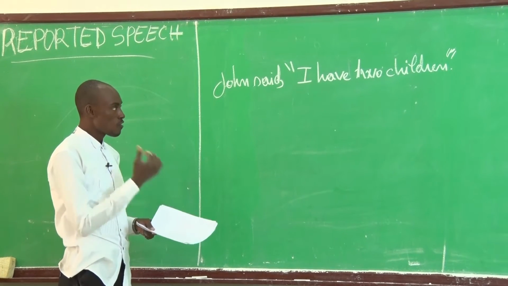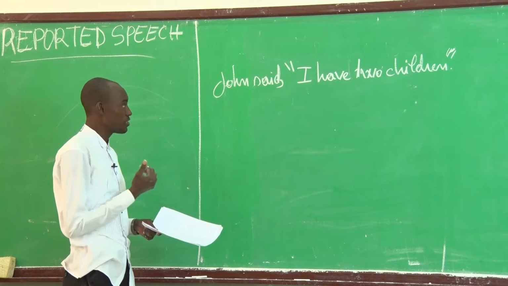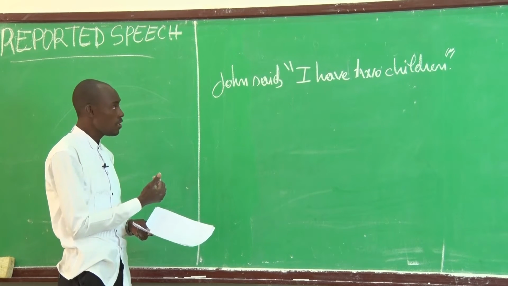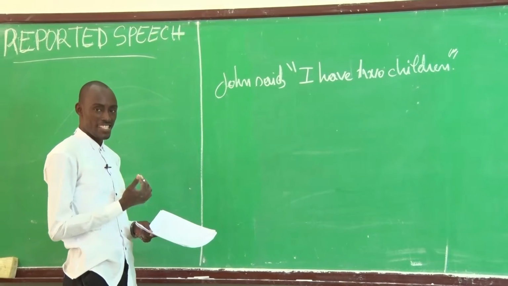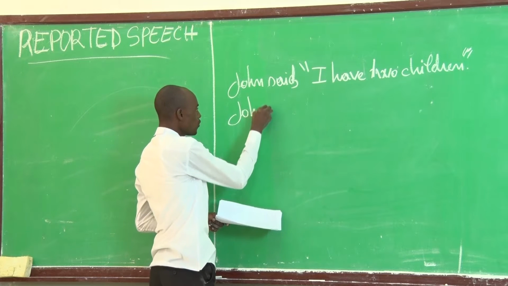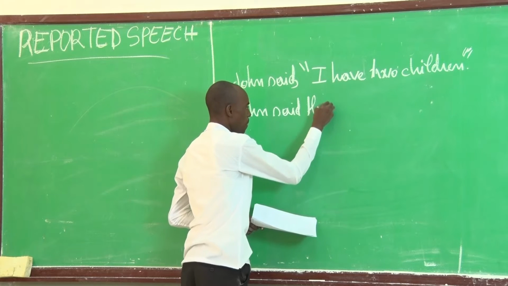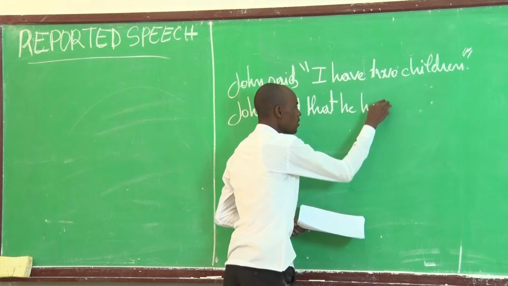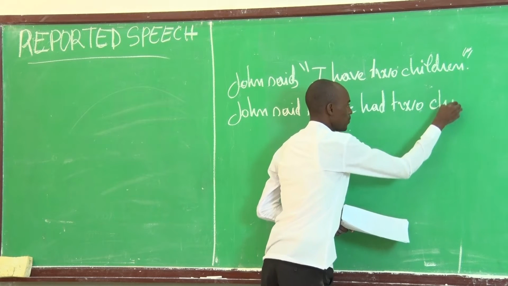Now, let's turn this sentence into indirect speech or reported speech. What can we say here in reported speech? We can ask a question: what did John say? And we can say, John said that he had 2 children.